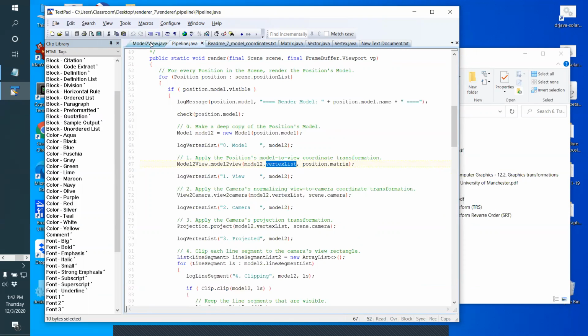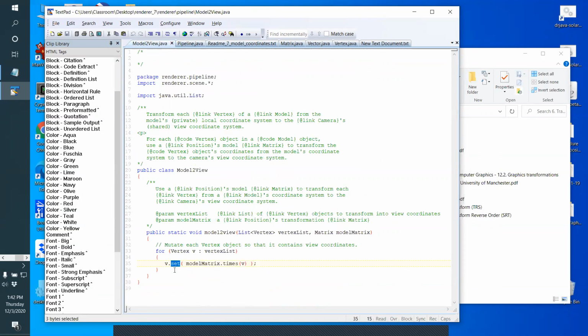So it goes over here and it sets the vertex in the model to be the vertex times the matrix. So it takes each vertex, multiplies it by the matrix, and then mutates the vertex to be equal to that transformed one. So it mutates every vertex to be updated with this transformation.